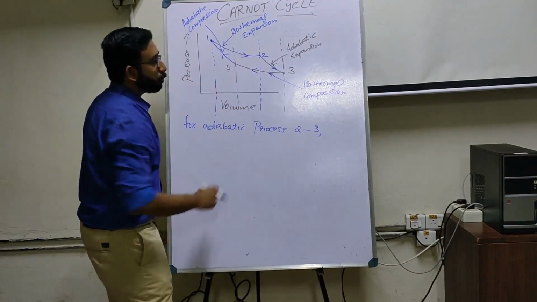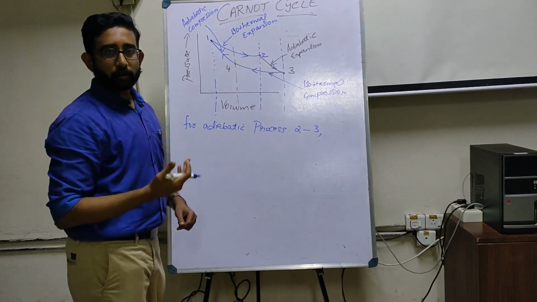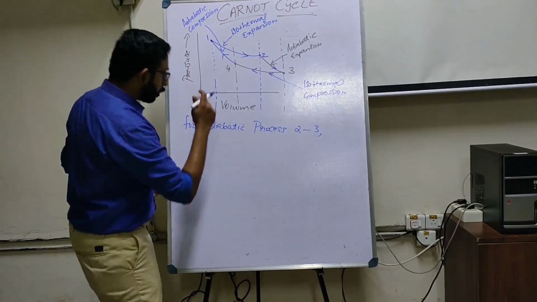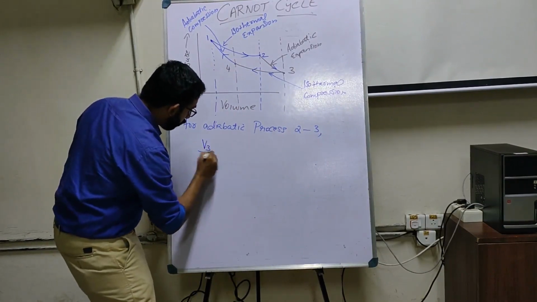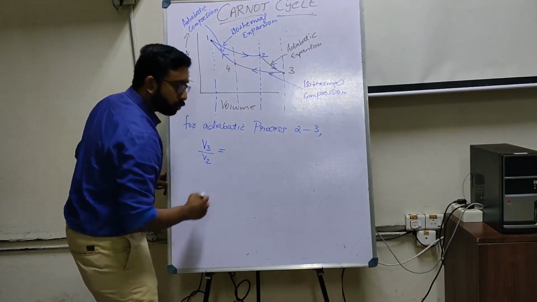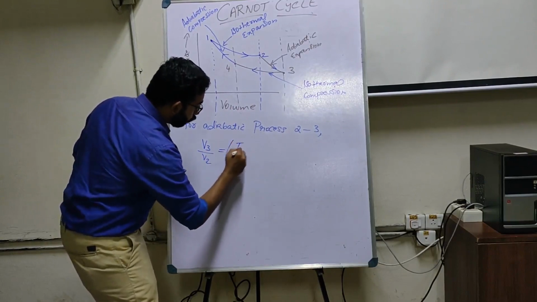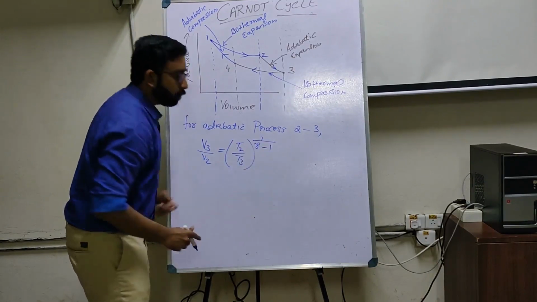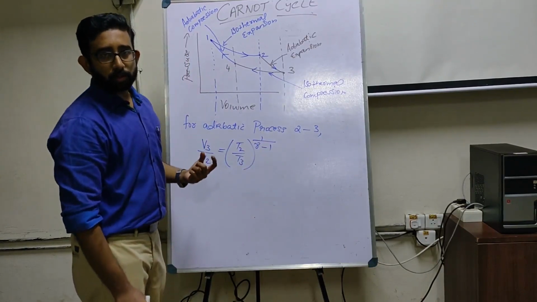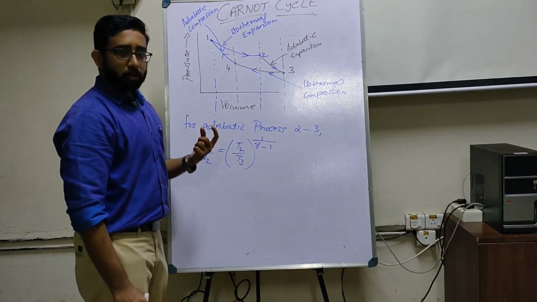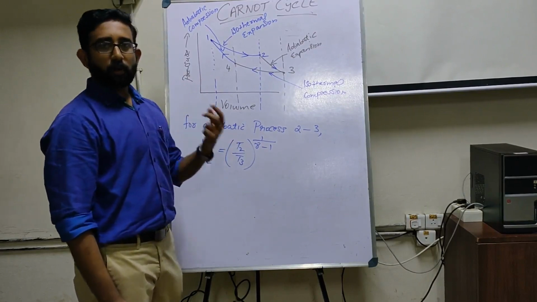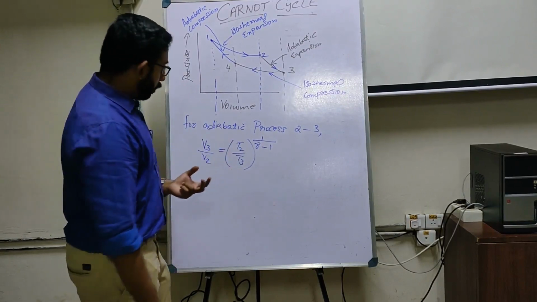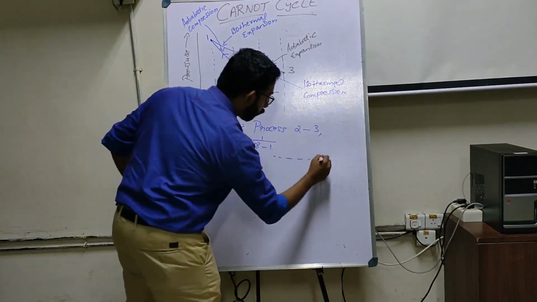It is an adiabatic expansion process where the volume gets increased. So the ratio of volume, that is V3 by V2, will be equal to T2 by T3 all raised to 1 by gamma minus 1. This is the temperature volume relationship for an adiabatic process, which we have already discussed in earlier lectures. And let it be equation 1.